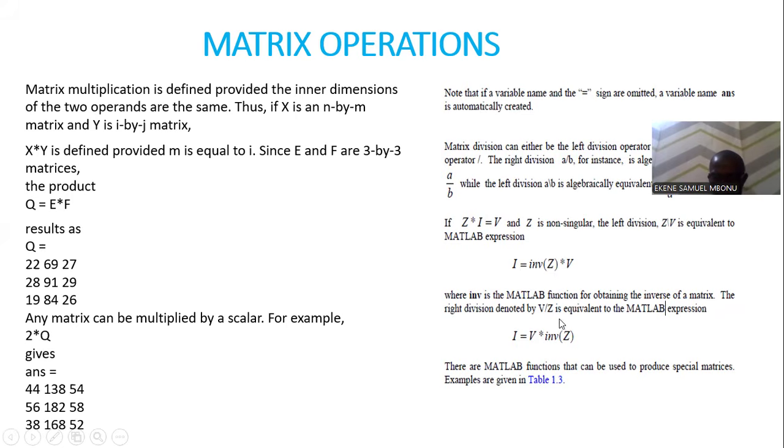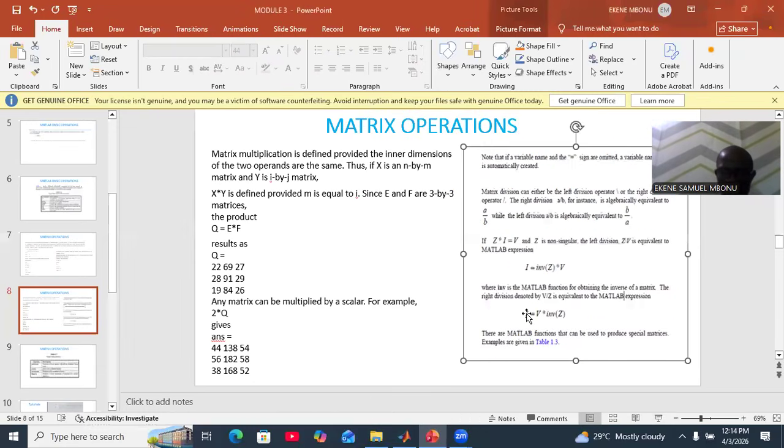MATLAB matrix multiplication is not commutative. It's not like 2 times 3 that is equal to 3 times 2.